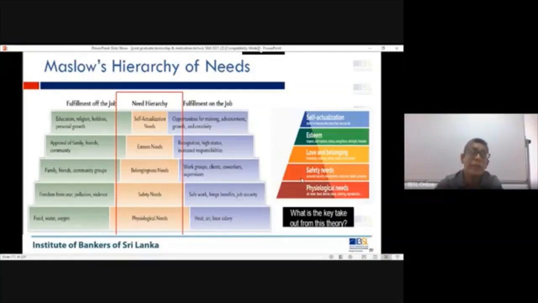Then you move into the second one, the safety needs. How do you satisfy the safety needs at employment? Job security, making your job permanent, and today's concern, safety in terms of certain viruses.